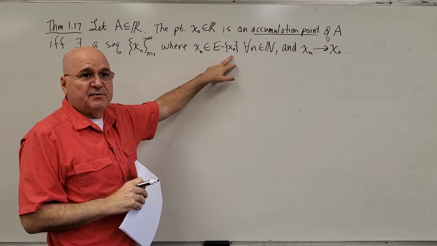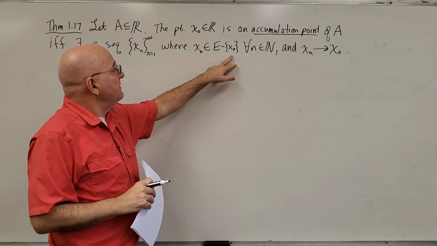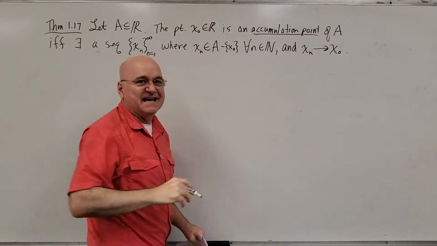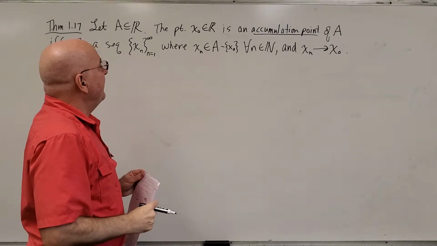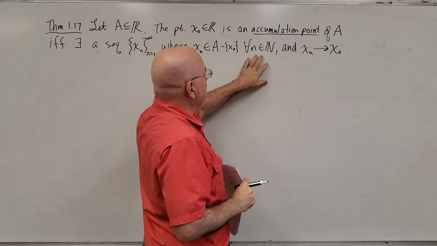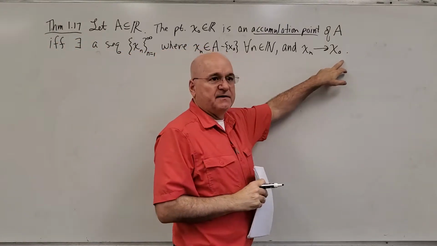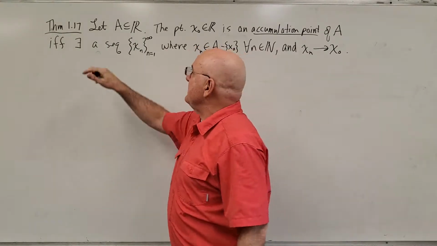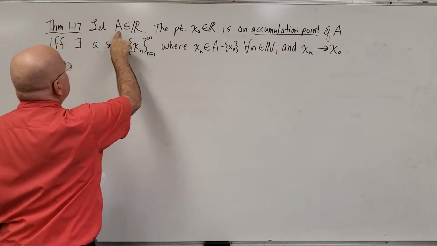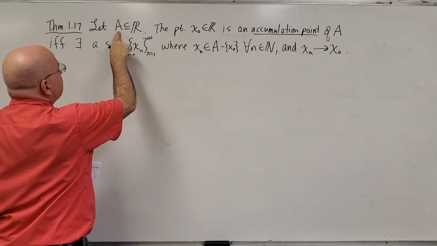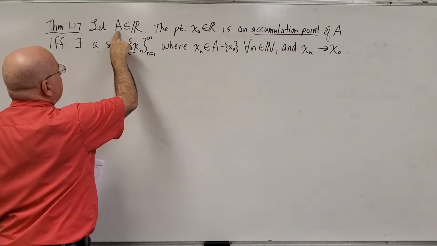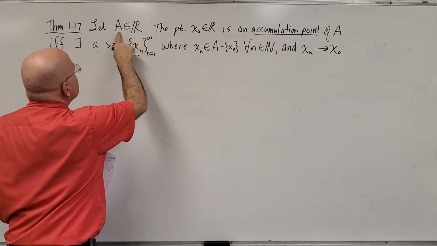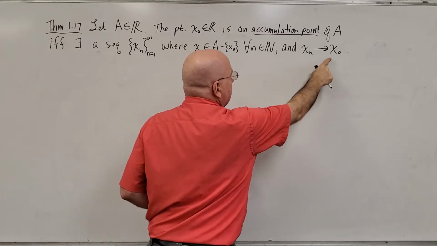Because remember, x0 doesn't even have to be in the set A. So x_n is in A, x_n is not x0 for all n in the natural numbers, and x_n converges to x0. So essentially, you're just finding a sequence of elements in this set, not including x0, that converges to x0.